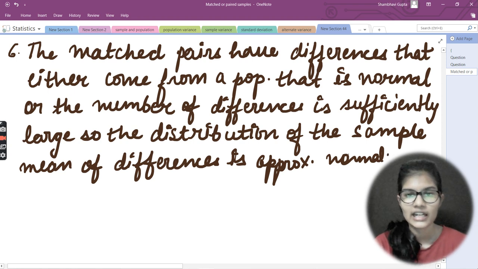Right, so the matched pairs have differences that either come from a population that is normal, or the number of differences is sufficiently large, so the distribution of the sample means of differences is approximately normal.